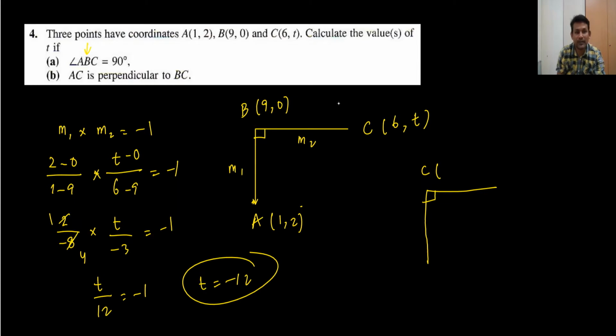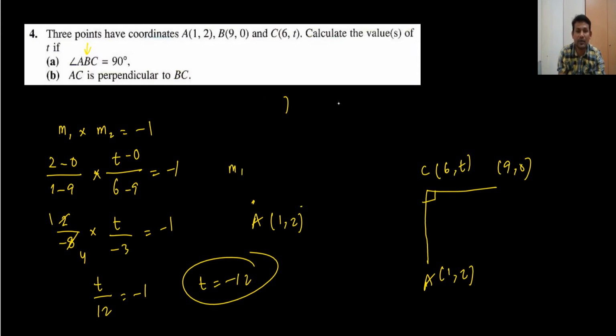So A is 1, 2, C is 6 comma t, and B is 9 comma 0. So again we have to use the same condition. We can write M1 multiplied by M2 is equal to minus 1. This is M1 and this is M2.